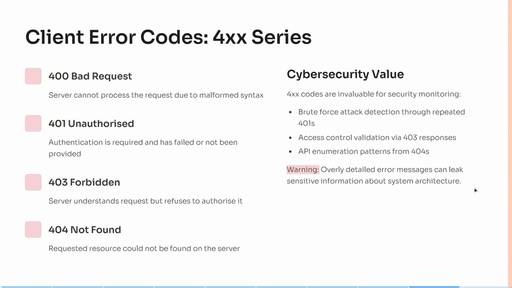For example, someone's enumerating directories on your site, you can see a lot of 403s on your site. API enumeration patterns from 404s. Warning: overly detailed error messages can leak sensitive information about system architecture, and sometimes it can lead to further exploitation too. So don't make your error messages overly detailed on the public side.